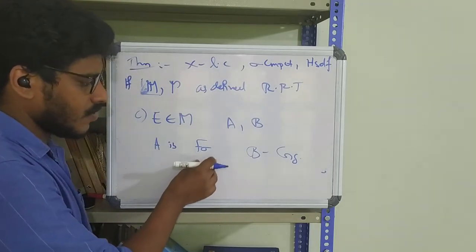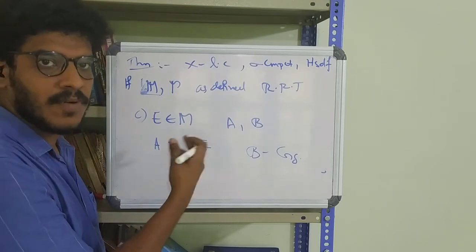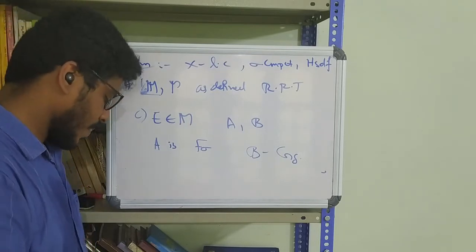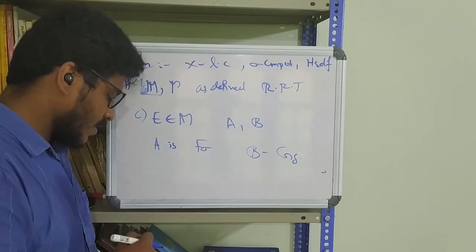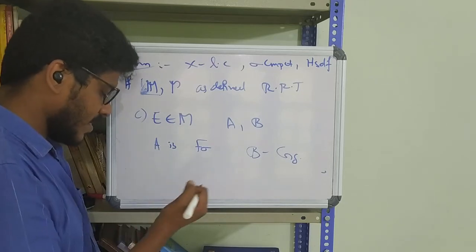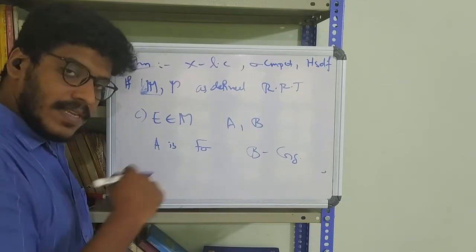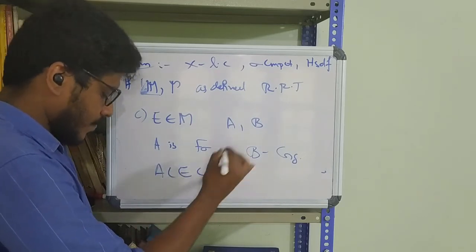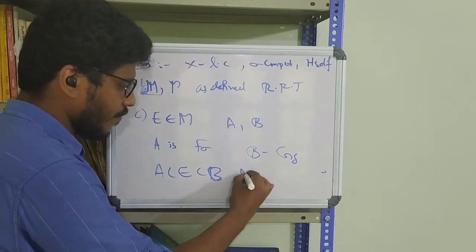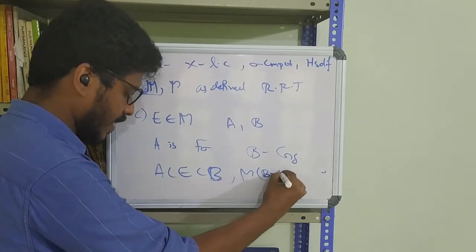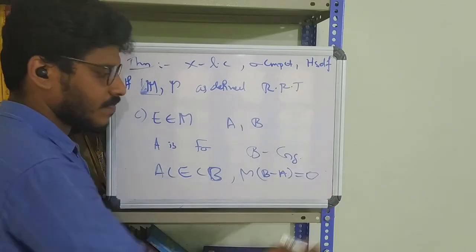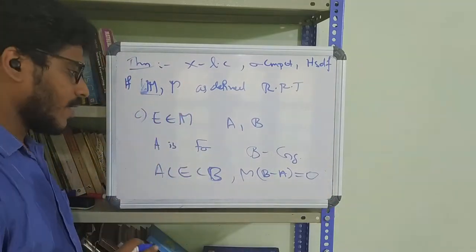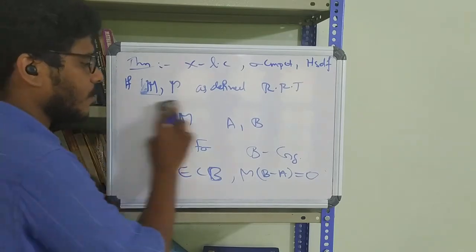F sigmas are those sets which are unions of closed sets, and G deltas are those sets which are intersections of open sets. So A is an F sigma and B is a G delta set, with the property that A is contained in E is contained in B, and the measure of B minus A is 0. Again, this can be deduced from the first property A. We'll see that. So let's move to the proof.